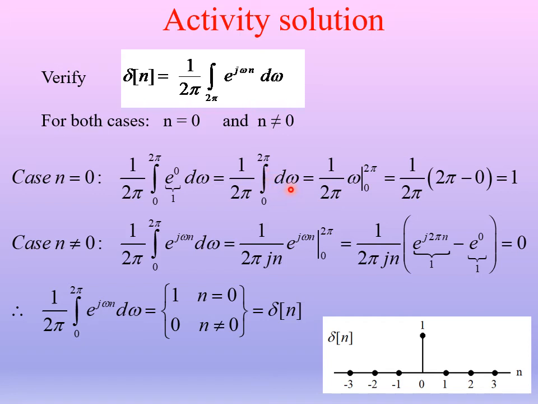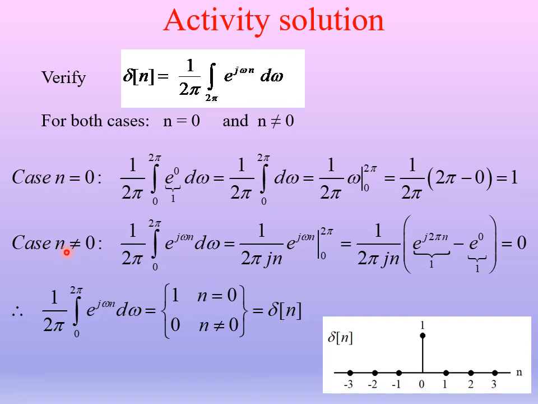The integral of d omega, of course, is omega, so we plug in 2 pi, minus 0. This is 2 pi, and out front we have 1 over 2 pi. So 2 pi over 2 pi is equal to 1. We've shown that this integral has a value of 1 when n is 0.